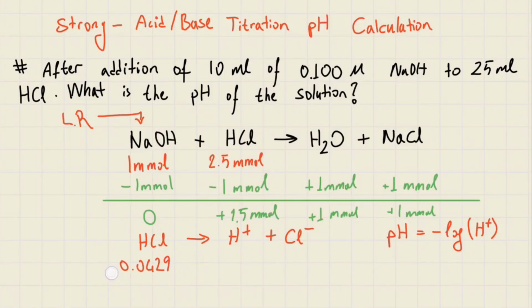This amount of HCl will be ionized. It completely ionizes, so we will deplete all the HCl. We will ionize all the HCl and form proton and chlorine ions. So this is definitely molarity.